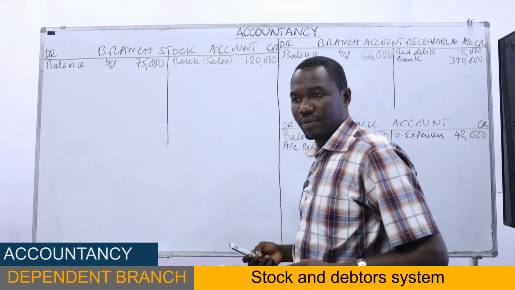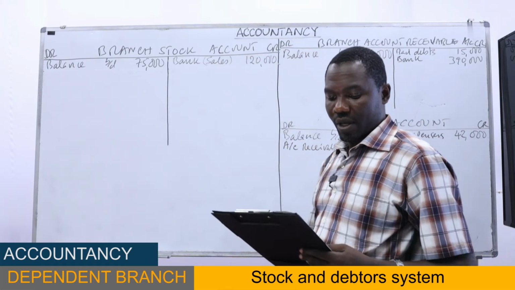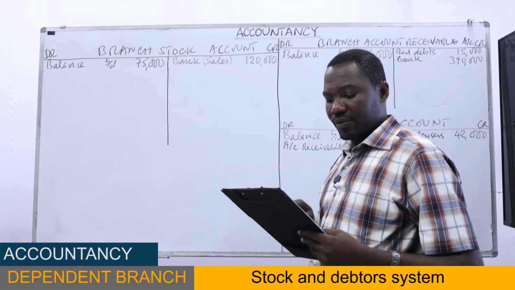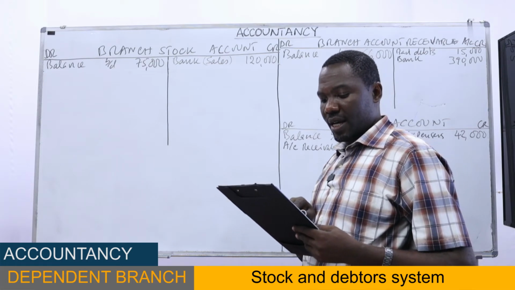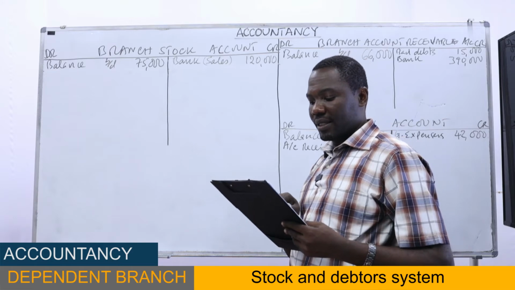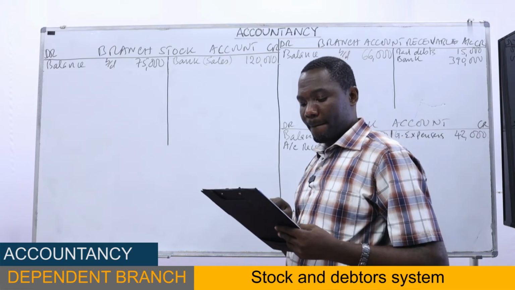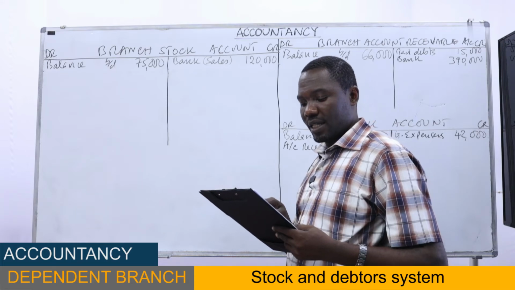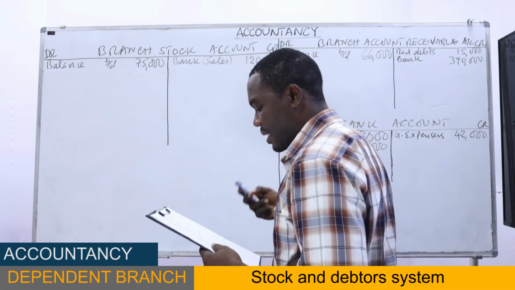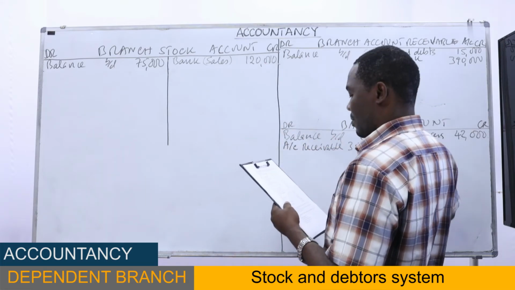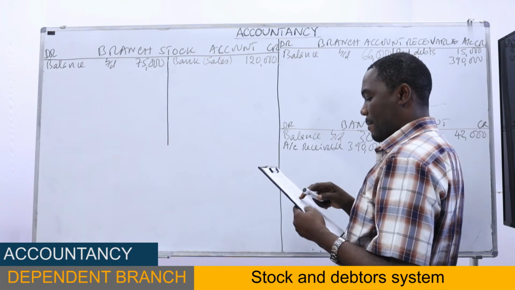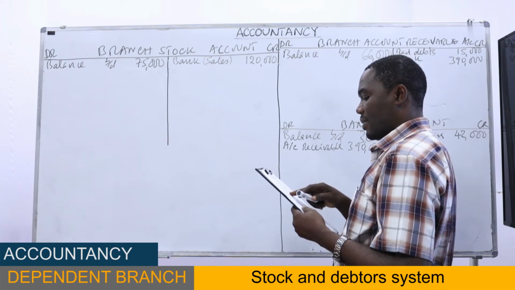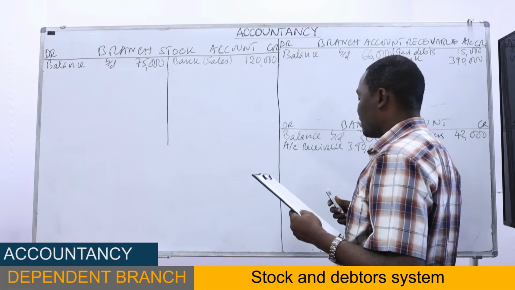Then, yes, there is cash transfer from the bank to the head office bank account. So for the cash transfer, this was a transfer from the branch to the head office.